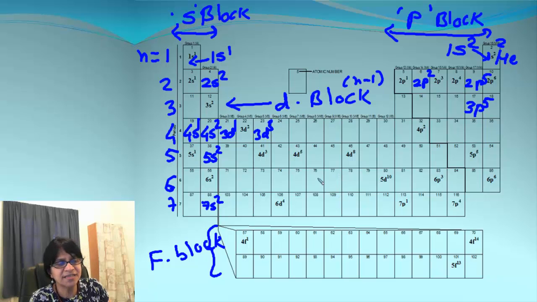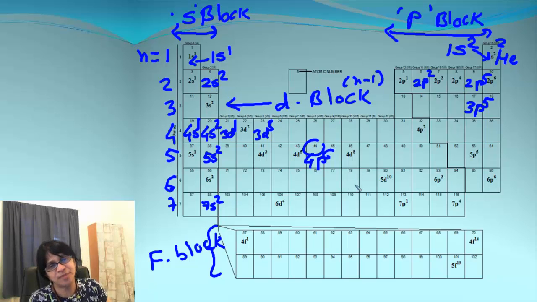So if I'm looking at, say, number 44 here, it's row number 5, but actually it belongs to D, so I'm going to go 5 minus 1, which is 4, and then I can count how many electrons I will have. It's 1, 2, 3, 4, 5, and 6, so it will be 4d6.